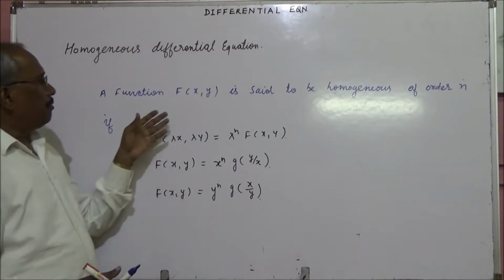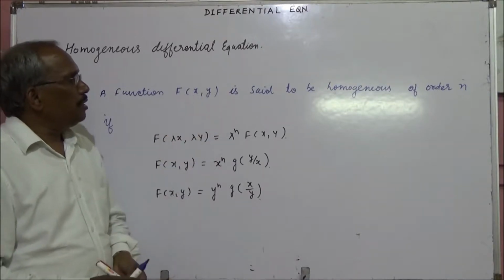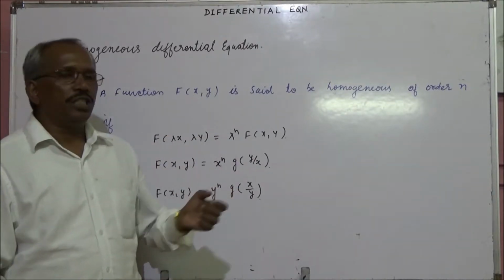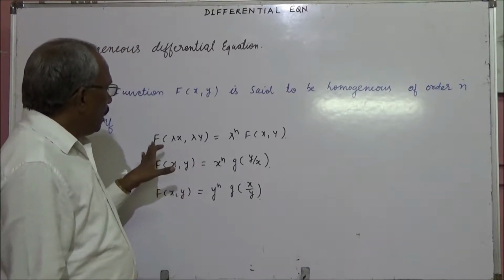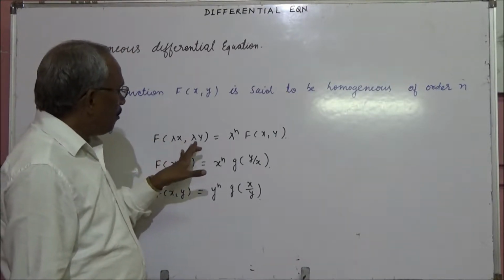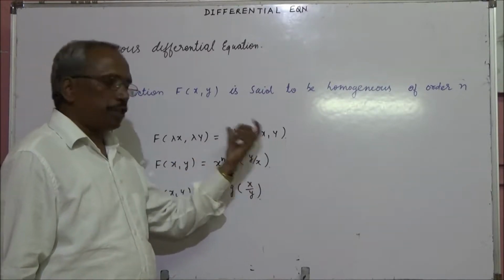See here, a function f(x, y) is said to be a homogeneous function of order n if f(λx, λy) is equal to λ raised to n times f(x, y).